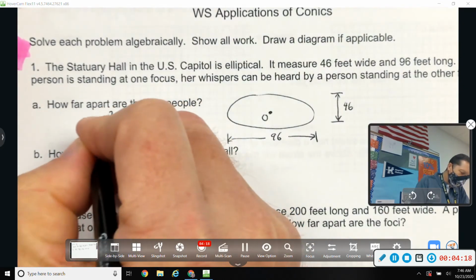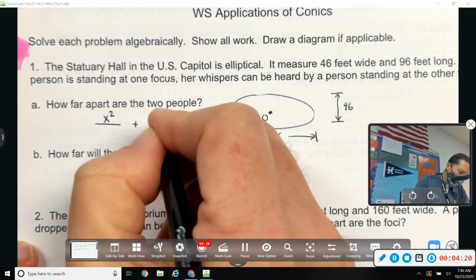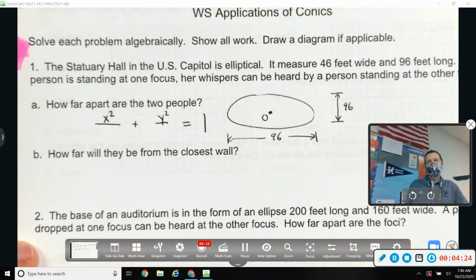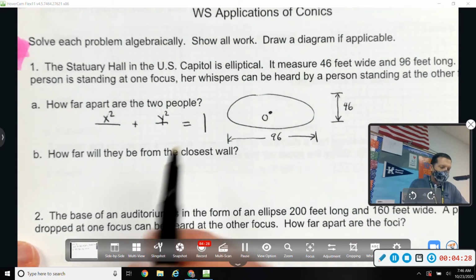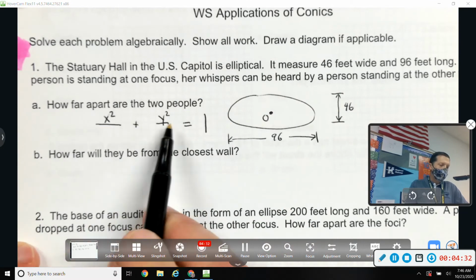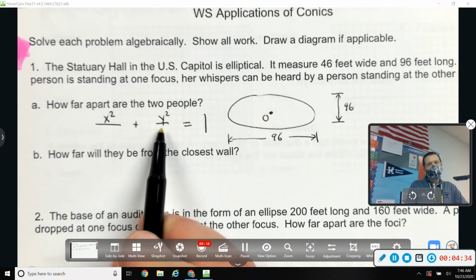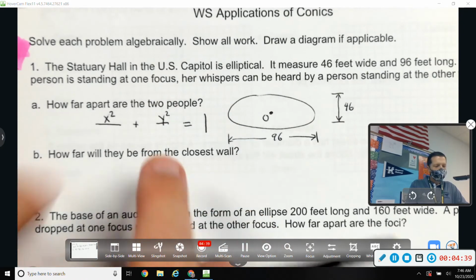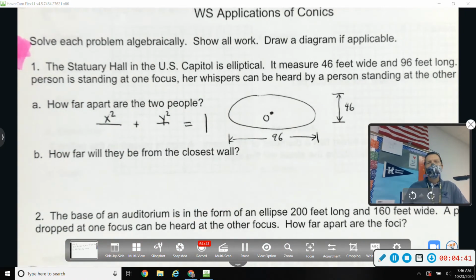So x squared over something plus y squared over something equals 1. And again, if you put the origin at the center, then you won't ever have anything with x and y. So that's the main reason to put it at the center. That way at least that part of the equation will be easier.